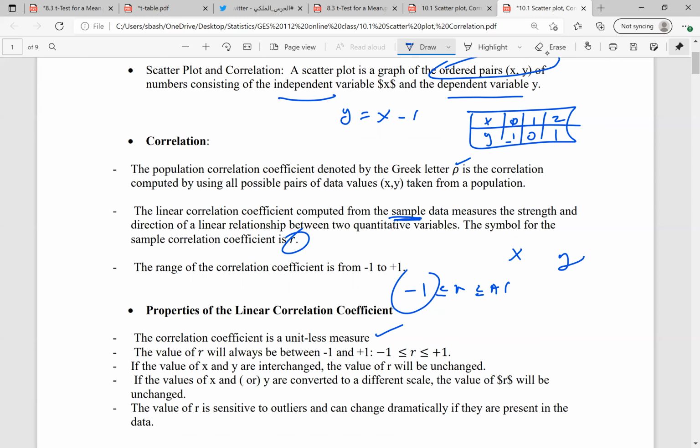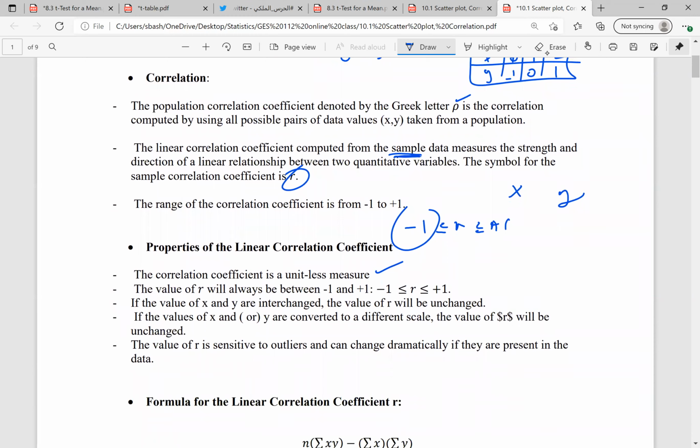If the values of x and or y are converted to a different scale, the value of r will be unchanged also. If we change the scale from kilometers to meters, for example, or from kilogram to grams, the value of r will be unchanged.